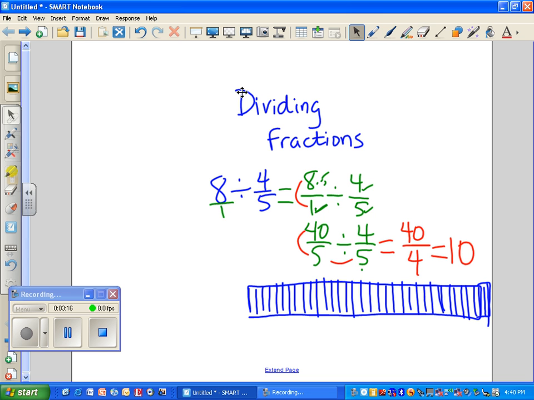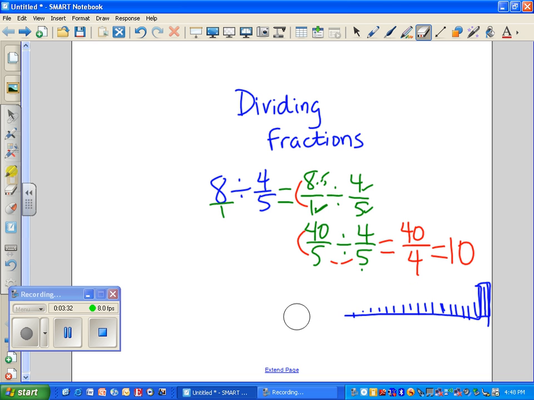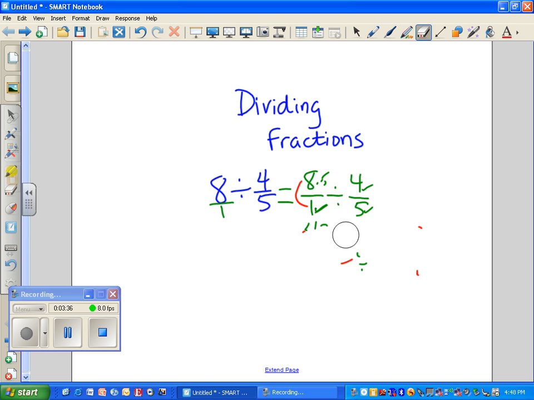How many 4/5 would there be in that? So I've got 1, and then here's 2, and I just keep going, keep going. I'm going to have 10 of those in there. So a little bit different way of doing it this year, but we're going to try it. So let's try another example.